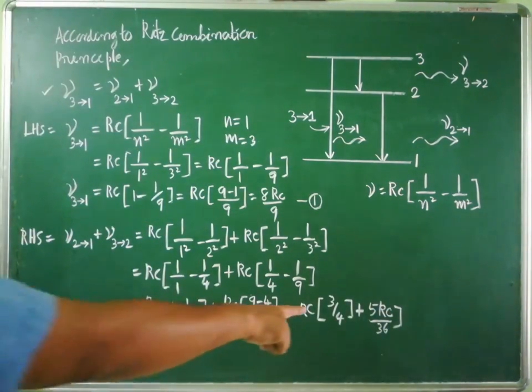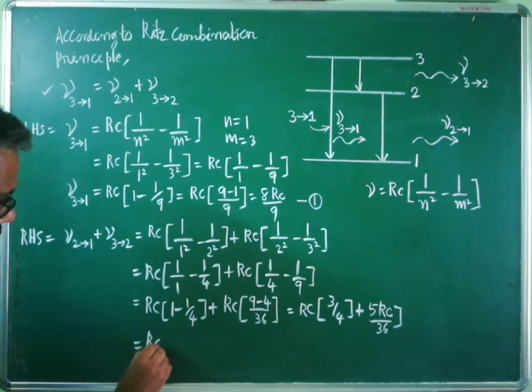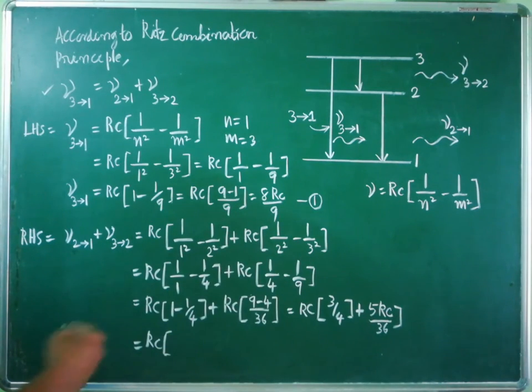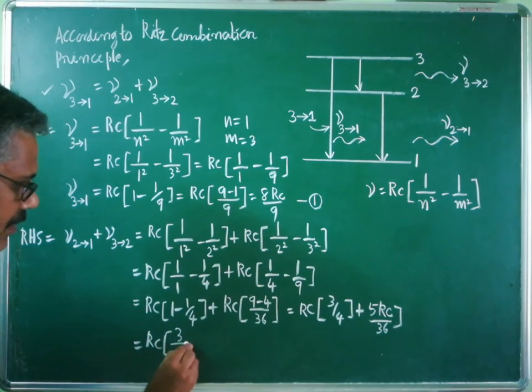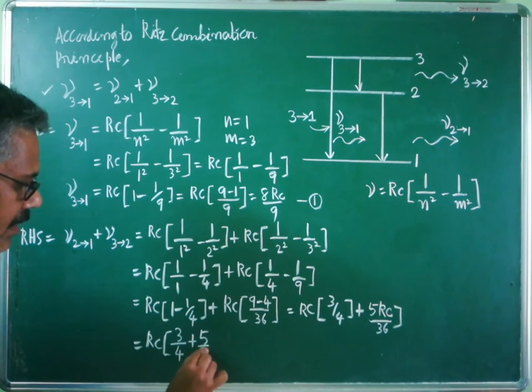Now these factors are to be added. RC is a common factor. What are the remaining factors? 3 by 4 plus 5 by 36.